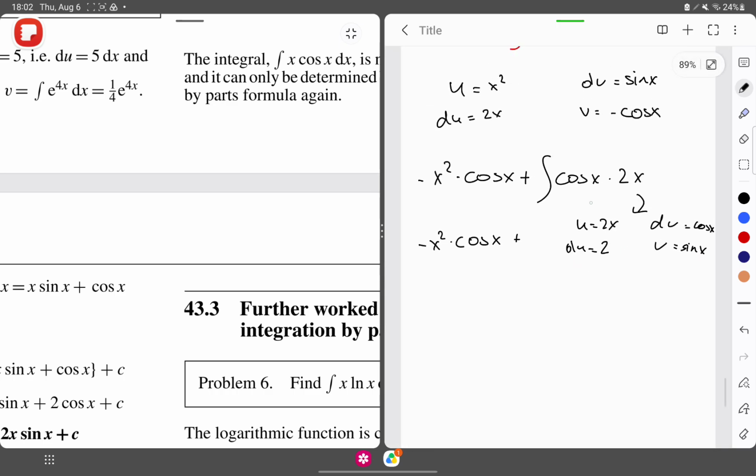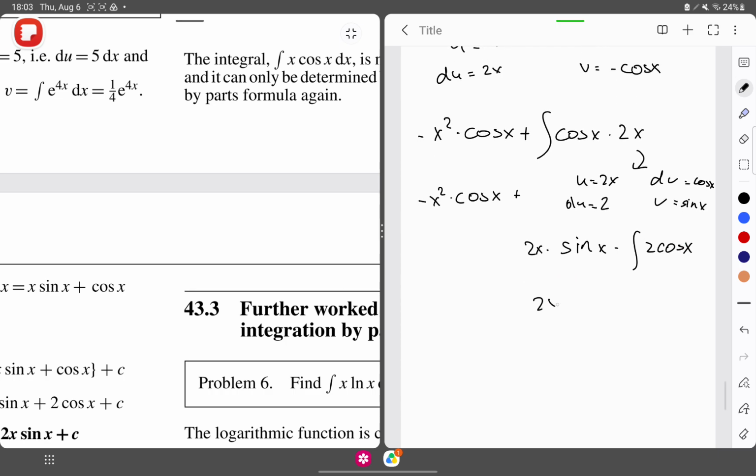Okay, and this will be uv, 2x times sine x minus integral of 2 cos x. Integral of cosine x will be 2 times sine x. Okay, 2x sine x, and this is 4x sine squared x. I don't know where that is going.